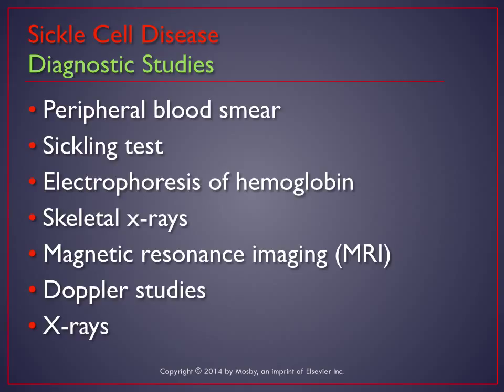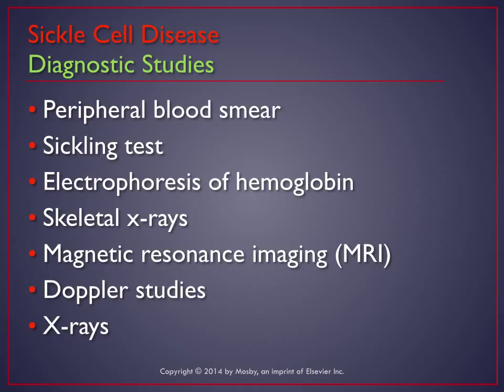Diagnostic tests. A peripheral blood smear may reveal sickle cells and abnormal reticulocytes. So abnormal reticulocytes are seen in sickle cell disease. The presence of sickle hemoglobin can be diagnosed by the sickling test, which uses RBCs and exposes them to a deoxygenation agent, and they can see if there is a sickle hemoglobin.